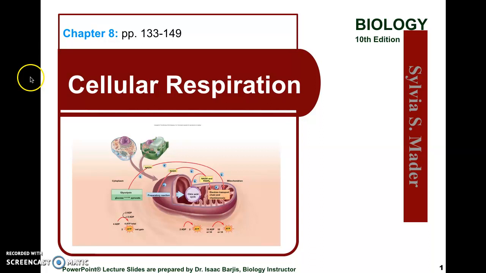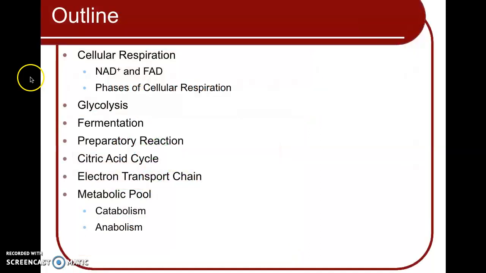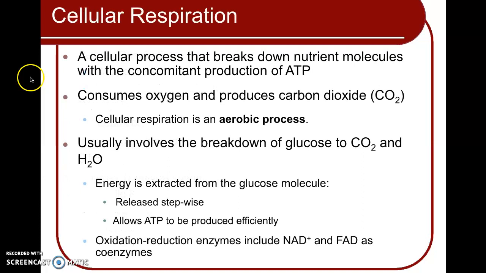All right, so we've covered photosynthesis in Chapter 7. Photosynthesis, we said, was how plants take the energy from the sun and turn it into a stored form of energy, glucose. Cell respiration is the other side of that equation. Cell respiration is how that glucose is broken down and used for energy in all of the autotrophs.